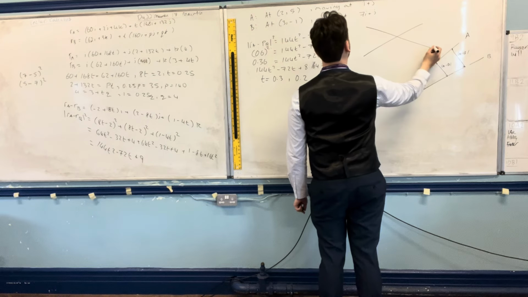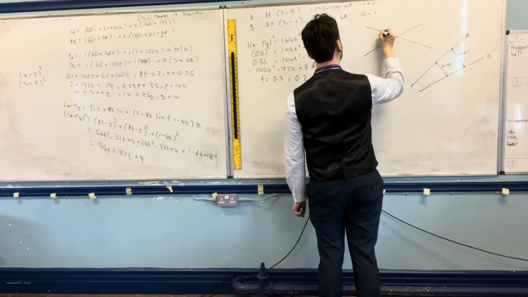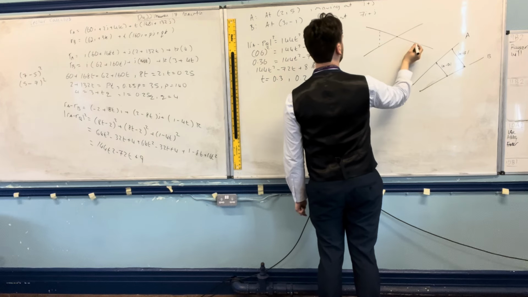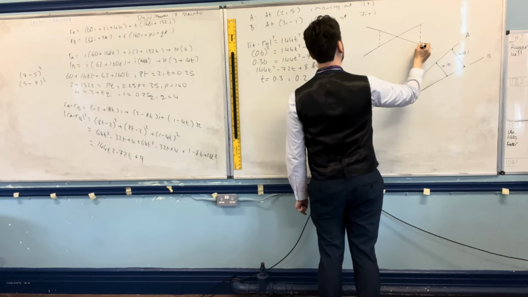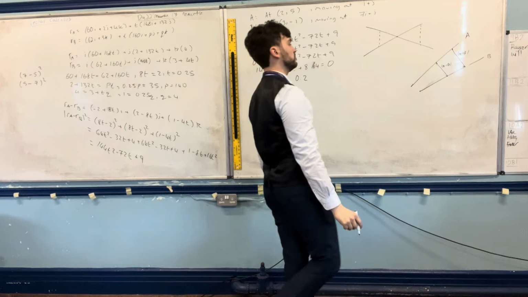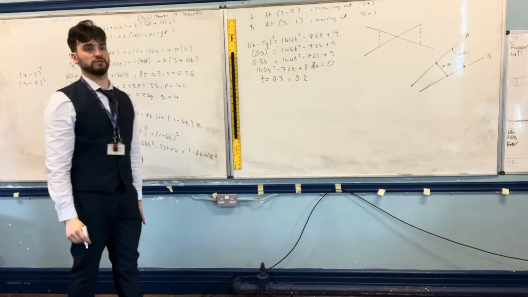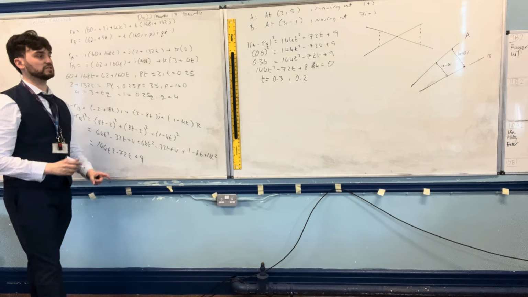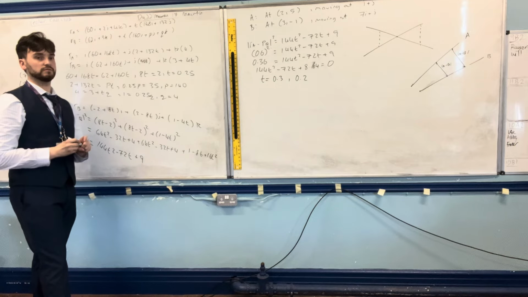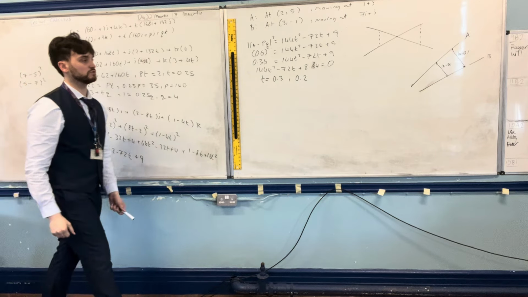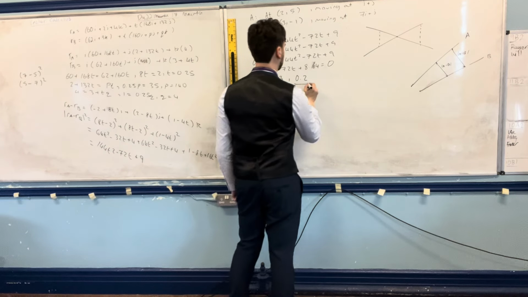You've got your two vector lines, right? They intersect here. This is the first time where they're at 600. This is another time where they're 600 apart. One is before the crash, one is after the crash. 0.2. Why is it 0.2? Because the crash happened at 0.2. Yes, exactly that. So this one we reject, and this one we accept.